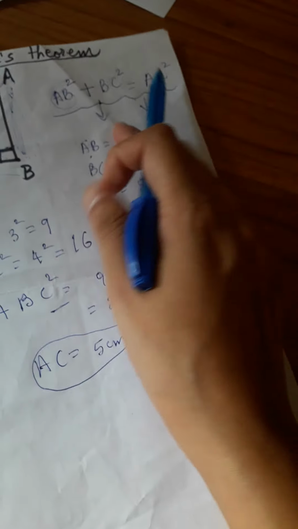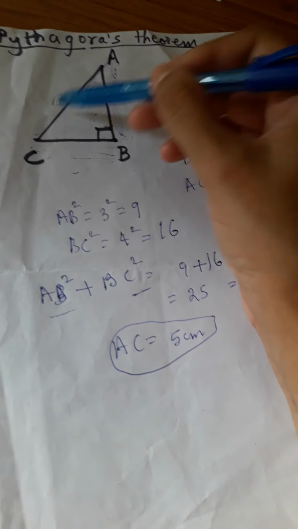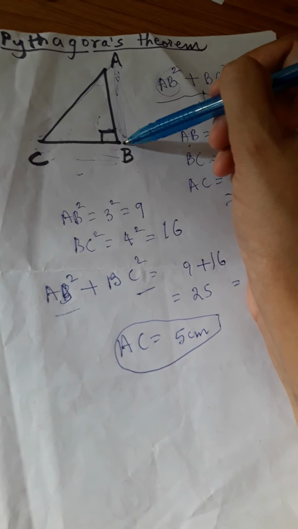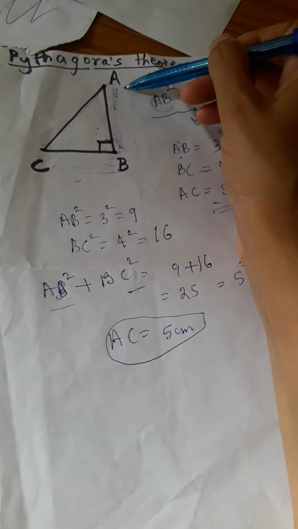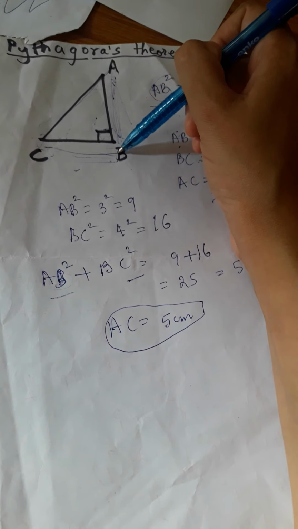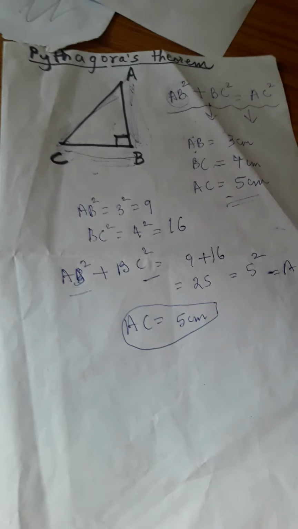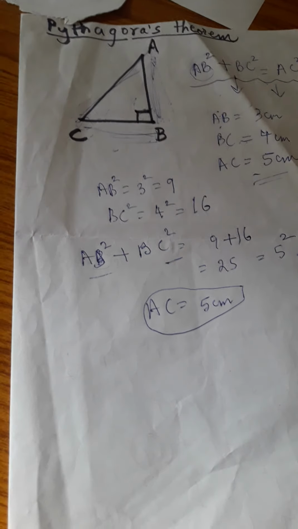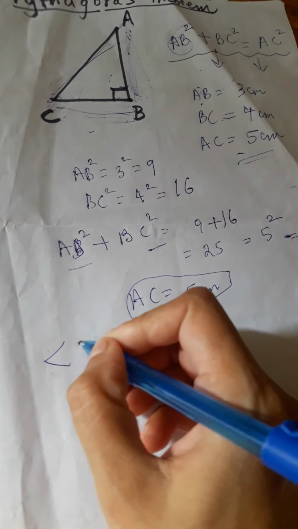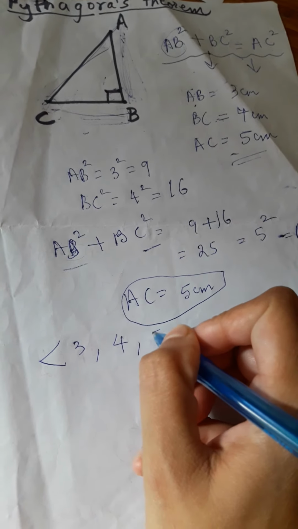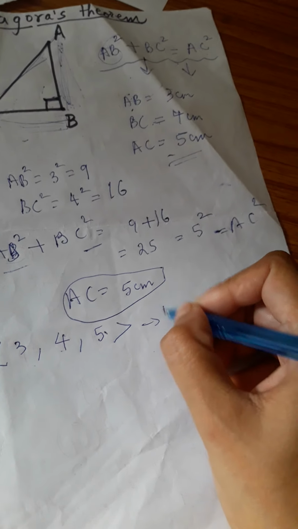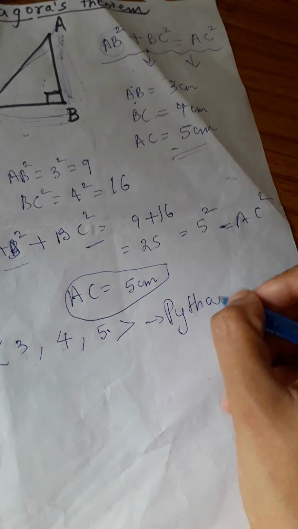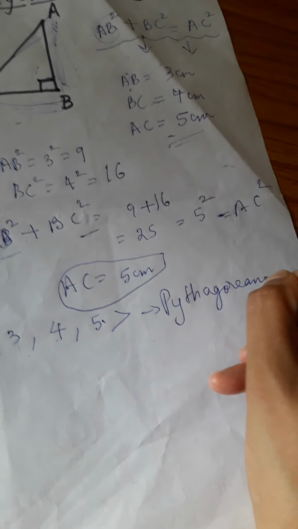So I think you are able to understand. So AB square plus BC square is equal to AC square. So square of this side plus square of the other side is equal to square on the hypotenuse. So now these three numbers 3, 4 and 5 form what is called a Pythagorean triplet, right?